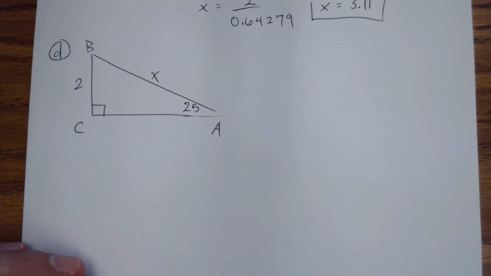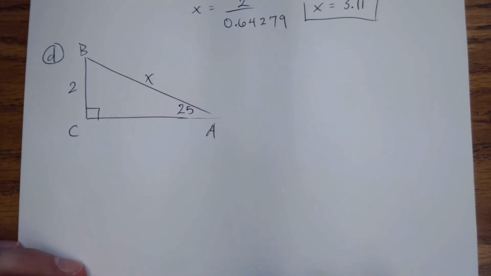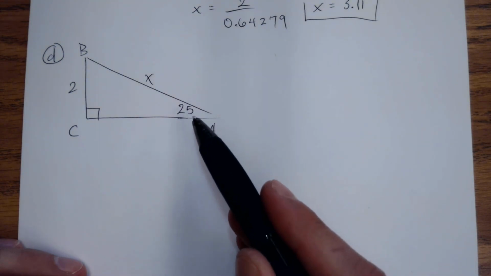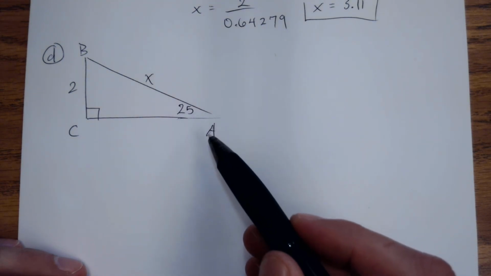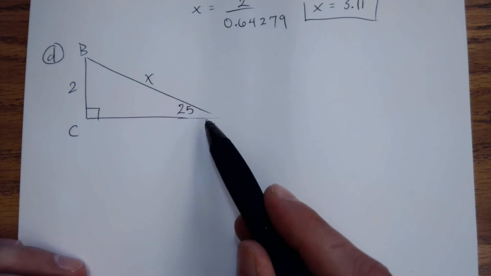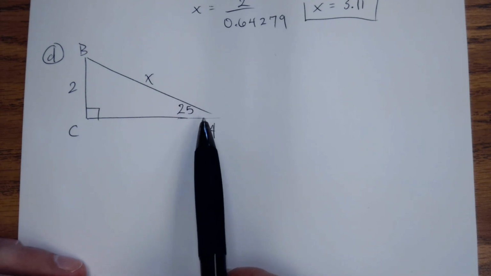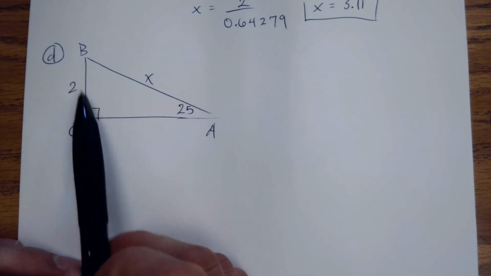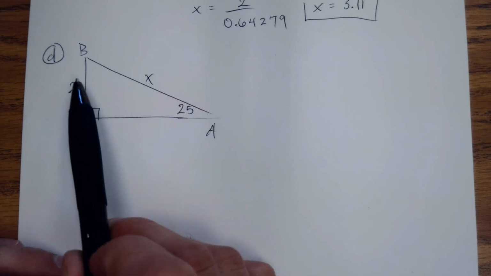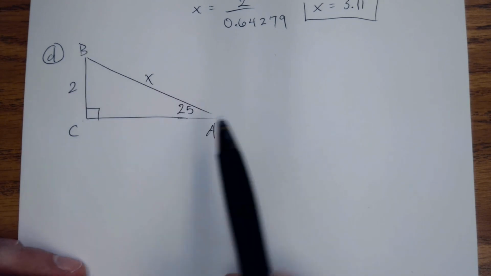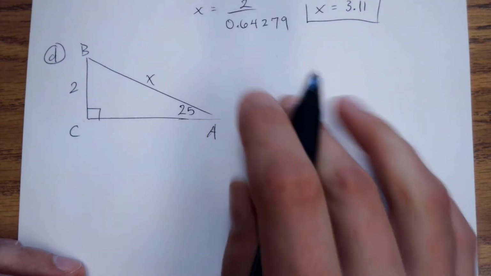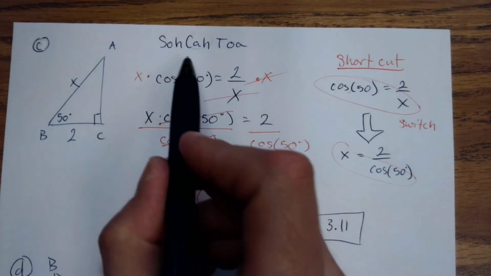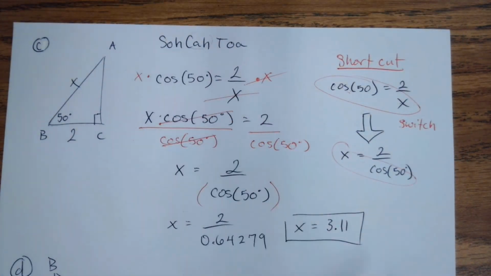So on this problem, we have the angle of focus, which is the given angle. That would be 25. And the sides that we're dealing with are the opposite, because it's farthest away, and the hypotenuse. So opposite and hypotenuse, that would be sine.